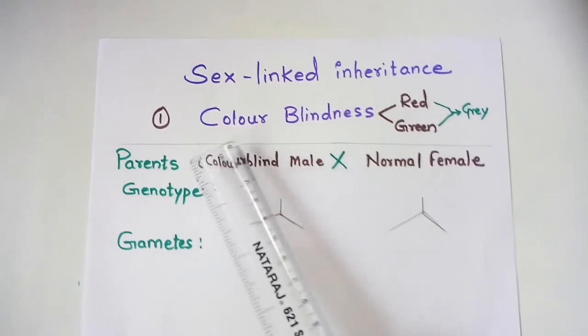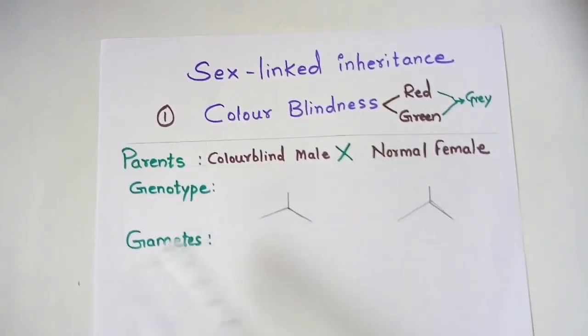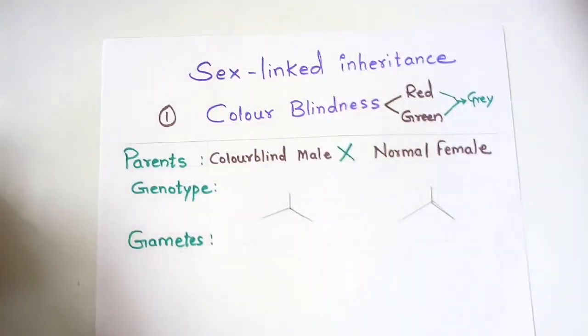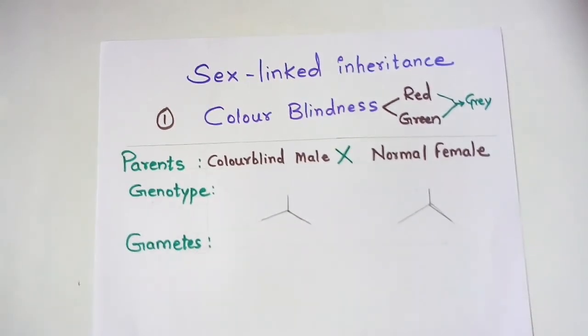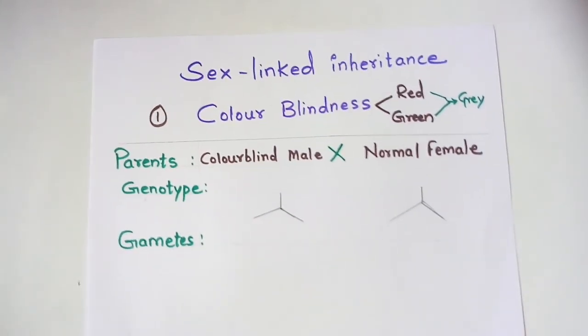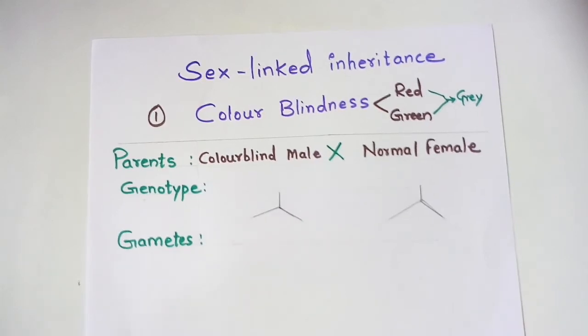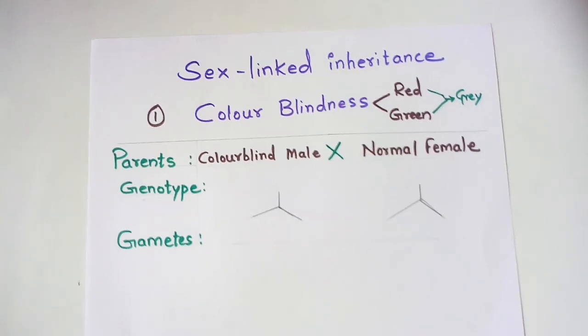We'll study this with the help of a cross. So to proceed with the cross, we must know the genotypes that are used for these. As I have already said, this type of inheritance is crisscross inheritance. That is, it is passed from grandparent to grandson via daughter.